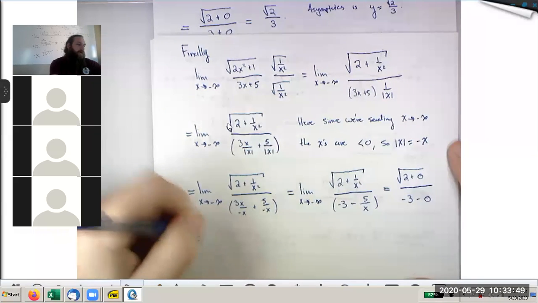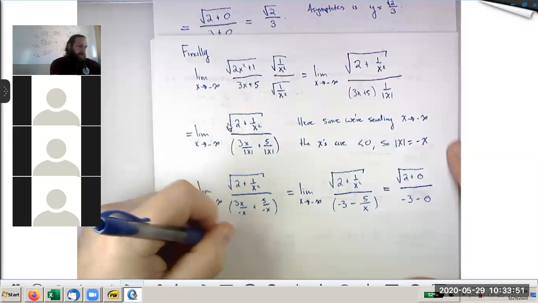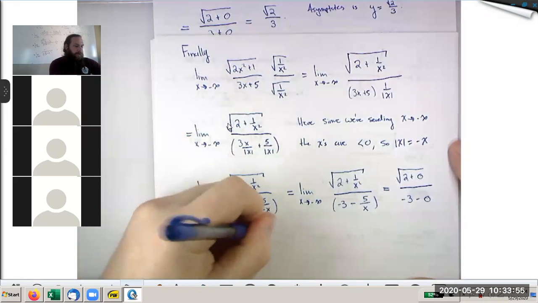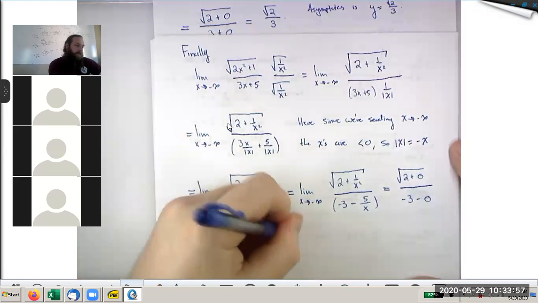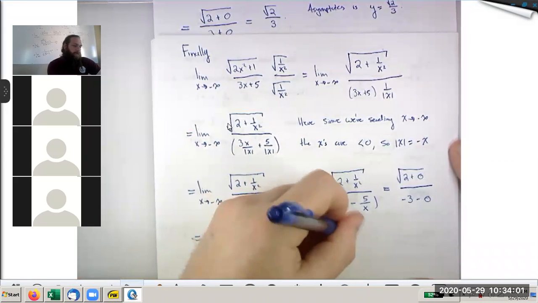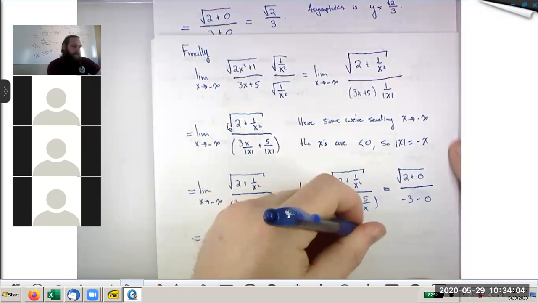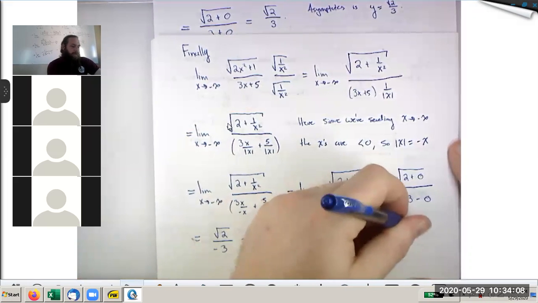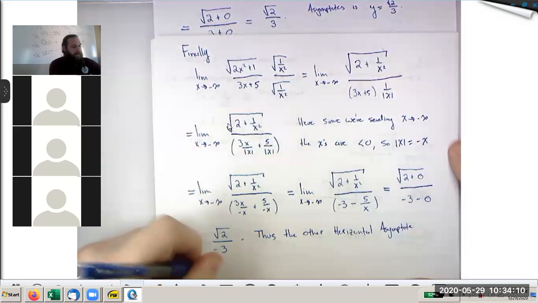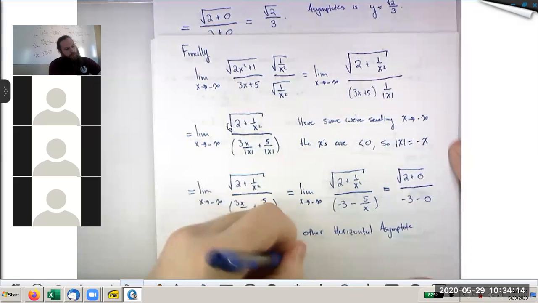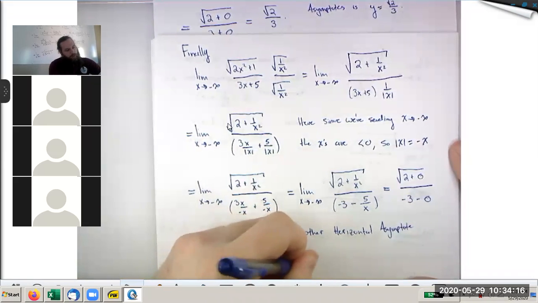So out of this, we get the square root of 2 divided by negative 3. Therefore, the other horizontal asymptote is the line y equals square root of 2 over negative 3.